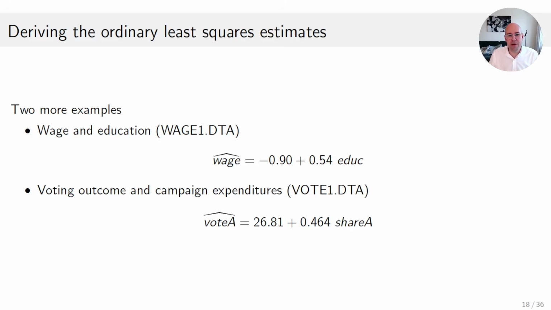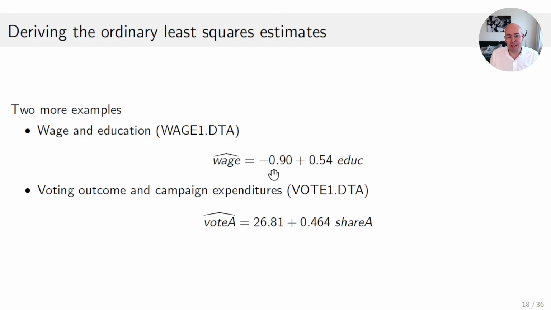And this is what we're going to work towards now. Before we get there, these are examples from two other data sets. So if you regress wages on education, what you find is this relationship here. And if you regress voting outcomes on campaign expenditures, you get this relationship here.